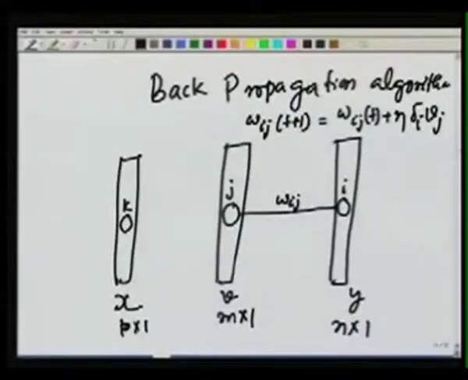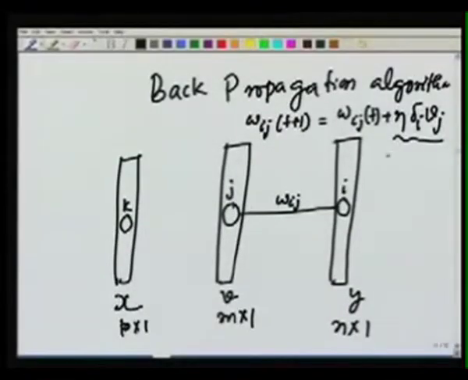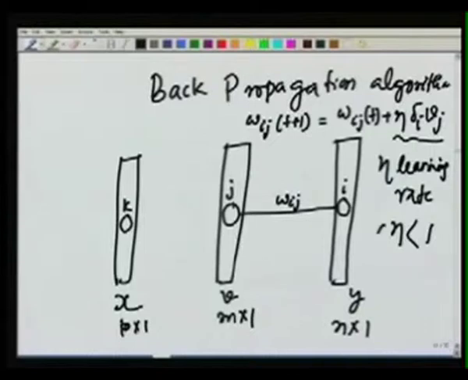We update wij based on its previous value, and the correction is eta, the learning rate. Normally this value of eta is between 0 and 1. Delta i is the error back propagated from the output layer.